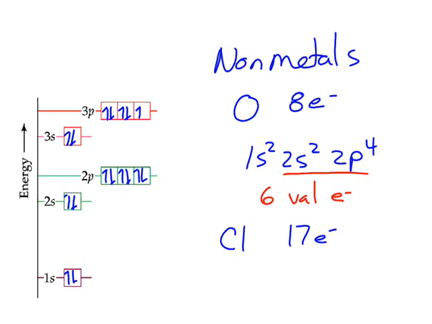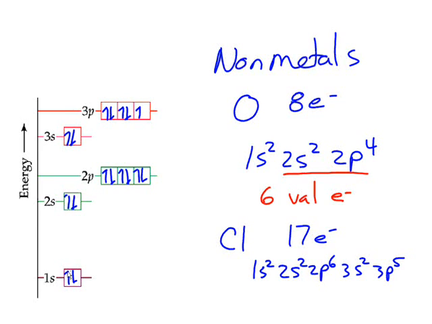So there are all 17 electrons for chlorine. The shorthand configuration for this then is 1s2, 2s2, 2p6, 3s2, 3p5. So that would be the configuration for chlorine.